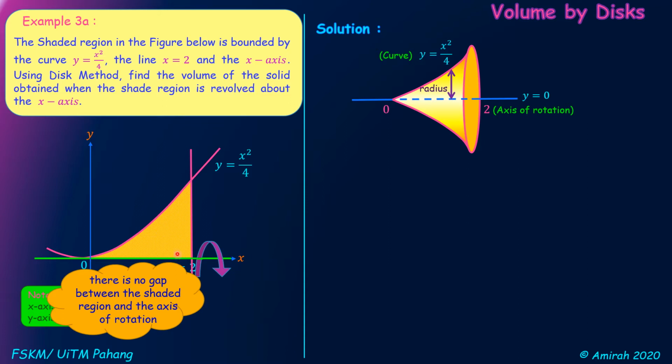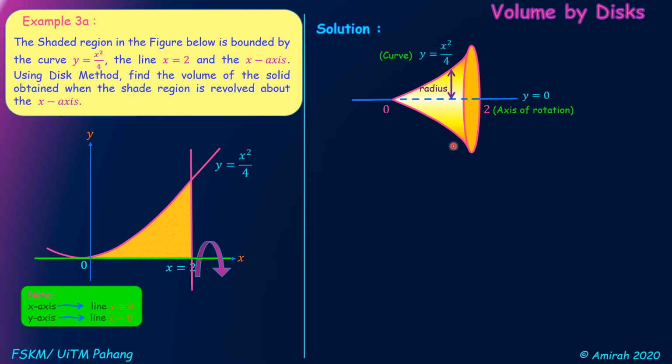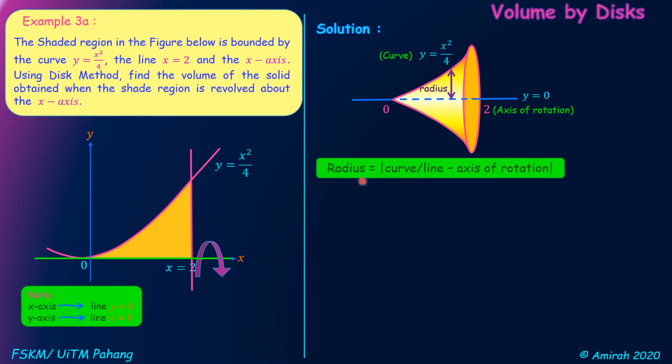From the given diagram, there is no gap between the shaded region and the axis of rotation, so after rotation we will have a solid object. When we use this method, first we need to find the radius.